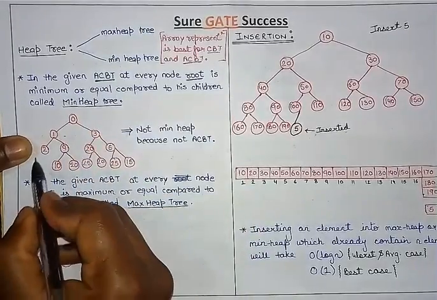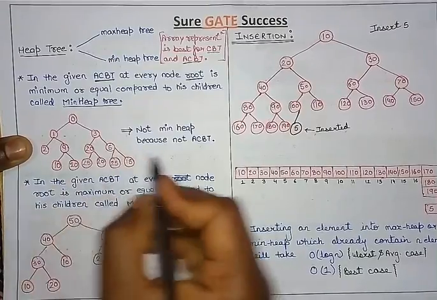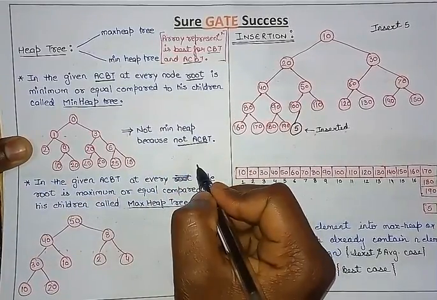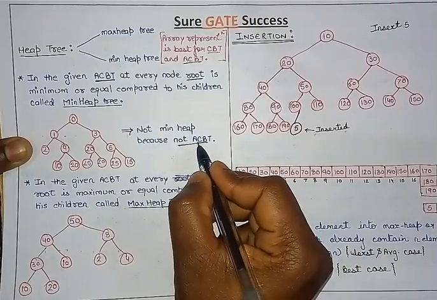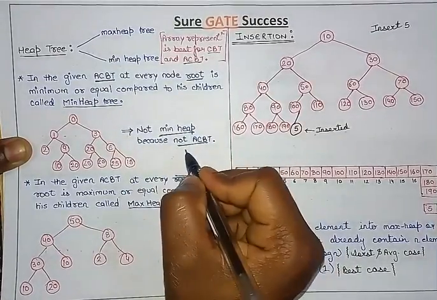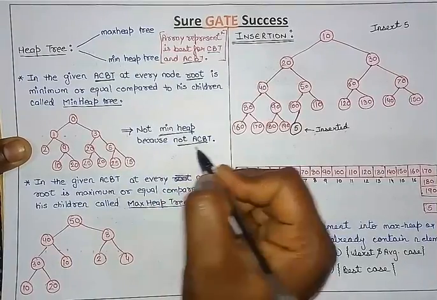But you can see we haven't completed the left, yet we have moved to the right, so it is not an almost complete tree. Because of this particular reason, it is not a min heap tree.